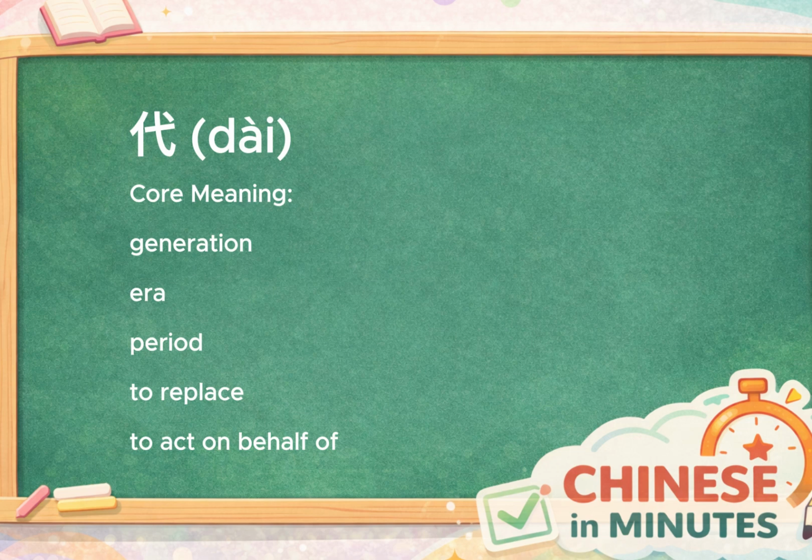The second idea is to replace someone or to act on someone's behalf. Although these meanings may seem different at first, they all come from the same original concept. One person, one generation, or one era taking the place of another. Once you understand this simple idea, you'll begin to recognize dozens of Chinese words without memorizing each one individually.